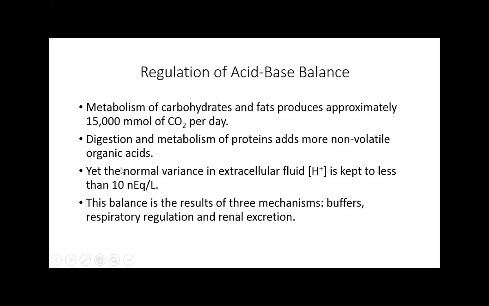And the pH of the blood varies by less than 10 nanoequivalents per liter, okay? So very tightly regulated.